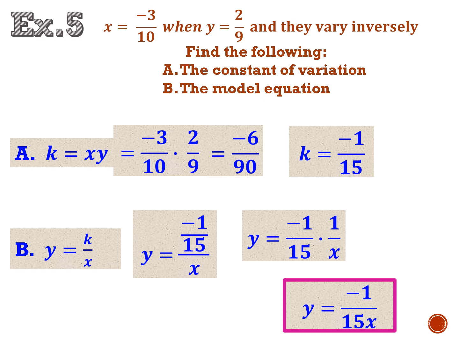So while that -1 over 15 over x is not incorrect, it's just more correct when it's simplified and you don't have a fraction within a fraction. But here's one thing you want to remember. Just because 15 is in the denominator doesn't mean it's not still part of the k value.